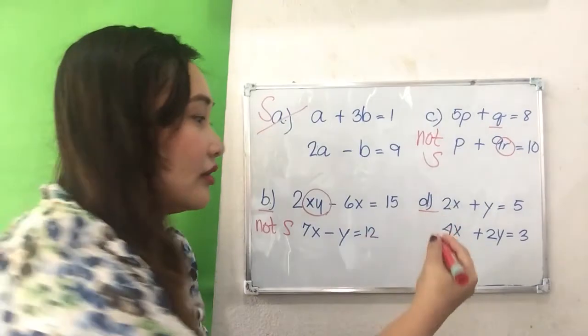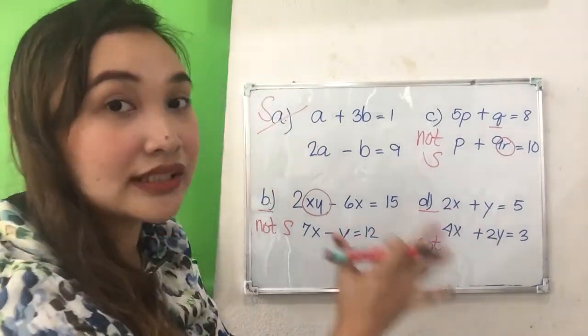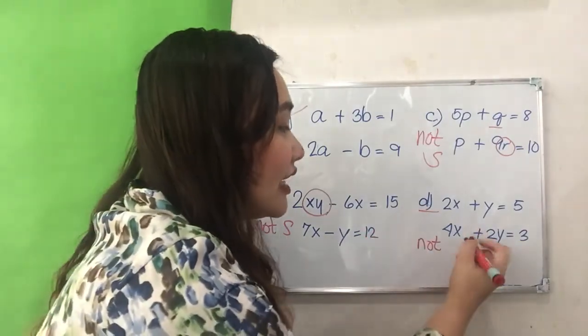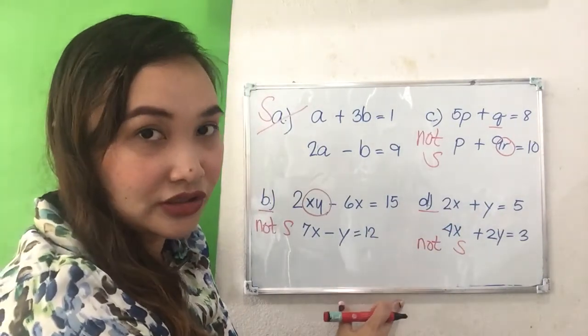So therefore letter D is not a simultaneous linear equation.